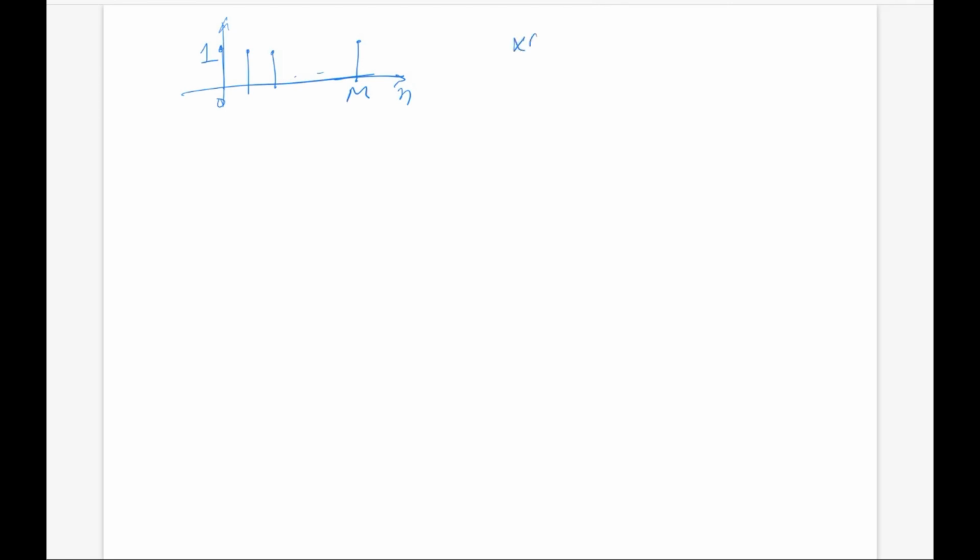So let's calculate the Fourier transform. We can calculate it like this, up to M. This is a geometric series, so these are M plus 1 terms.